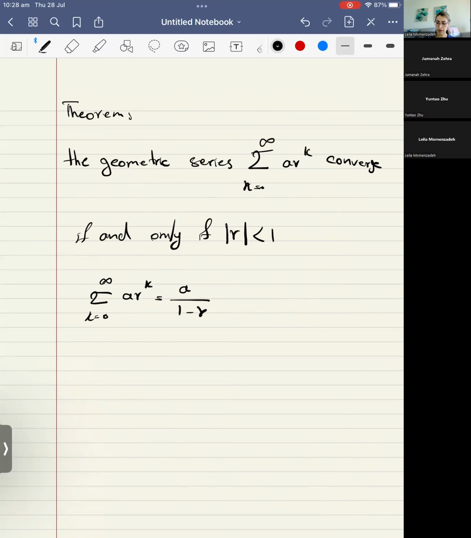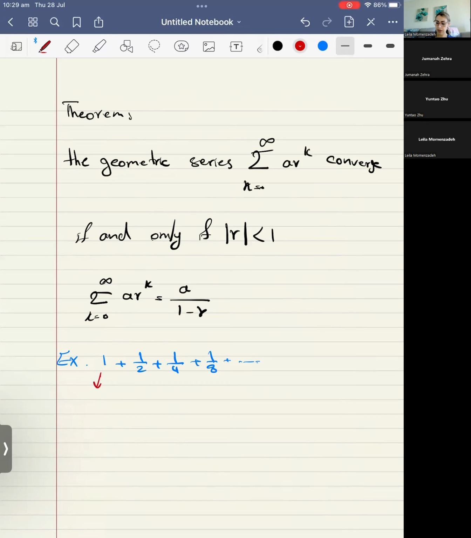Now, back to that previous example that you have, 1 plus 1 over 2 plus 1 over 4 plus 1 over 8. Let's check this one with the geometric series.